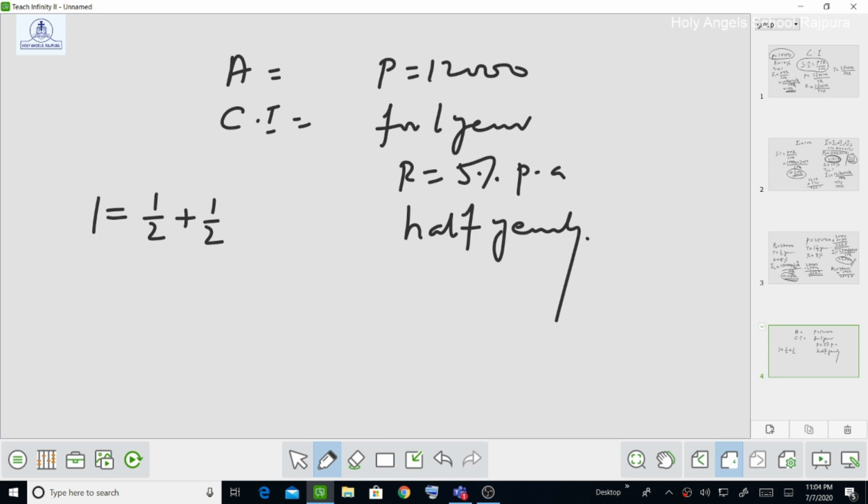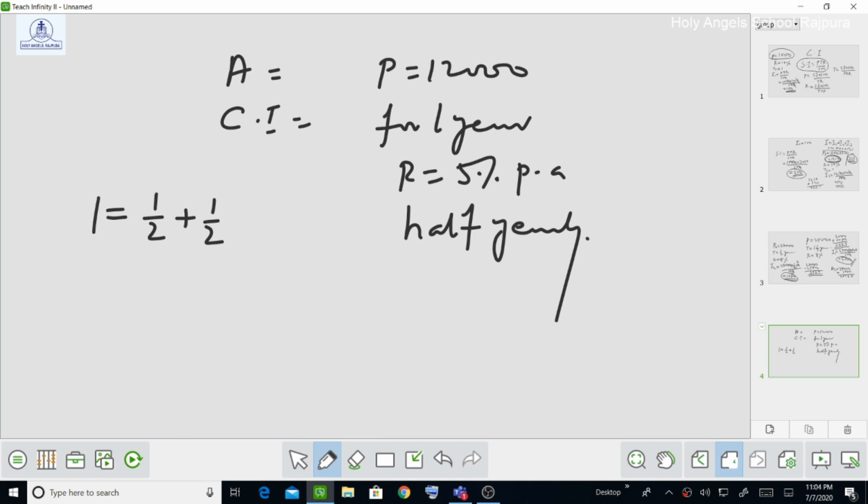So principal is equal to 12,000, rate is equal to 5%, and time 1 year has been divided into two parts. T1 is equal to half year and T2 is equal to half year.